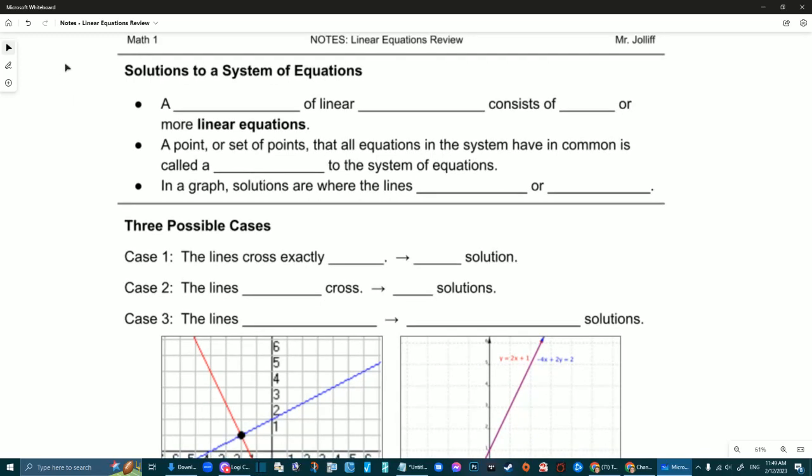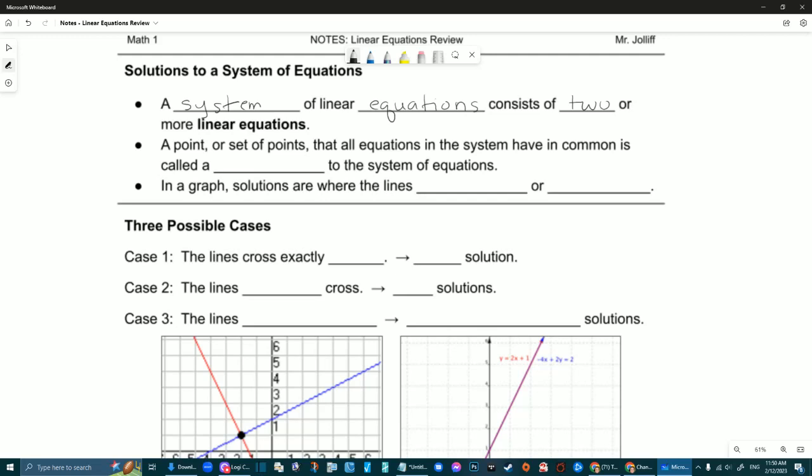And we're going to talk about solutions to a system of equations and what that means. So a system of linear equations consists of two or more linear equations.